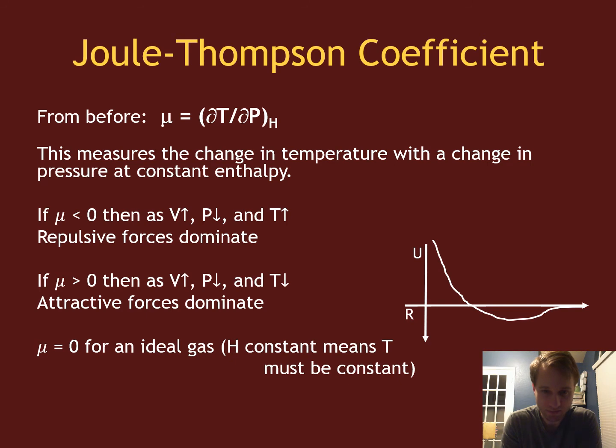That's when repulsive forces are dominating. But if the Joule-Thomson coefficient is greater than 0, then as my volume increases and my pressure decreases, the temperature is also going to decrease. That's when attractive forces dominate. For an ideal gas, this is equal to 0.